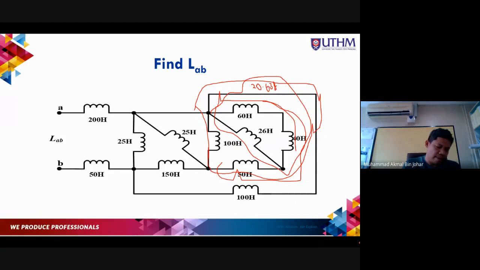So now we can simplify this 41.39. This is 200. This is 50. $150.